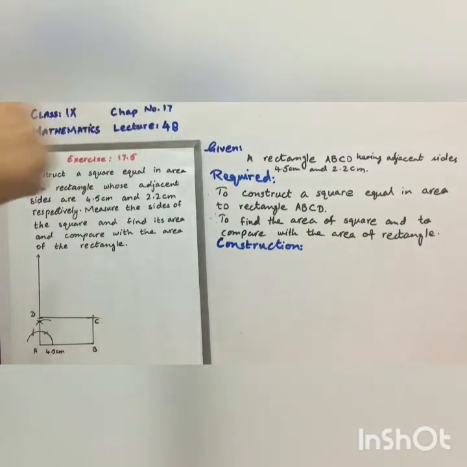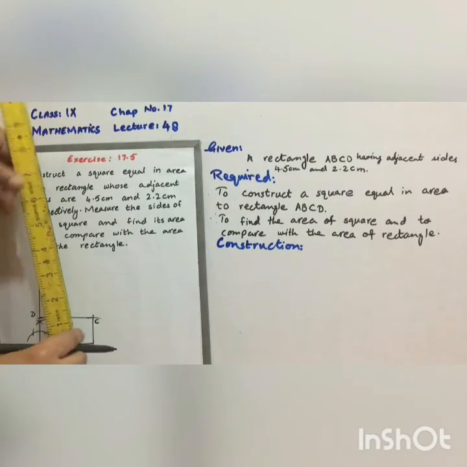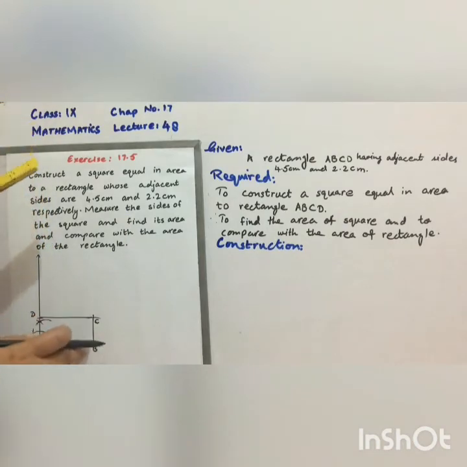Now to make the square, in the first step we will produce CD beyond C such that BC is equal to CE. The measurement of BC is 2.2 centimeters.